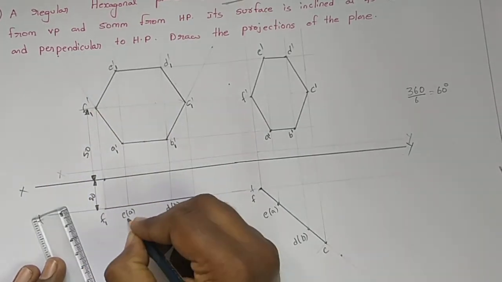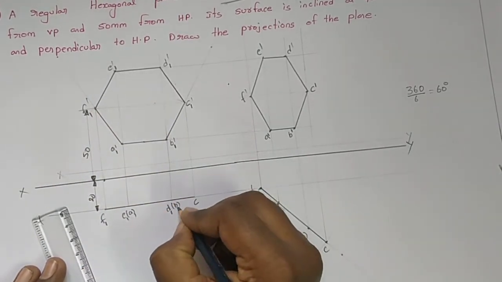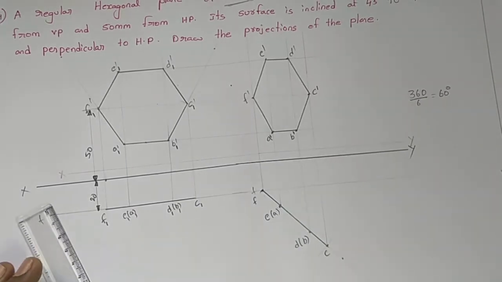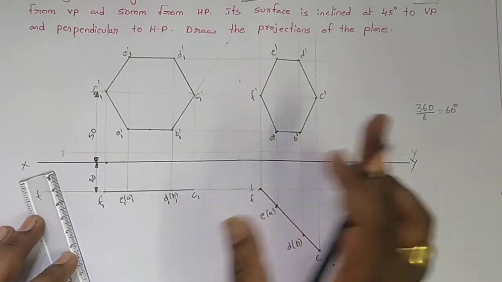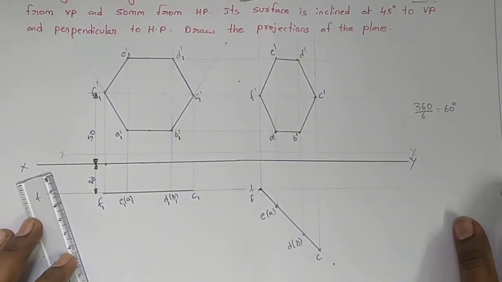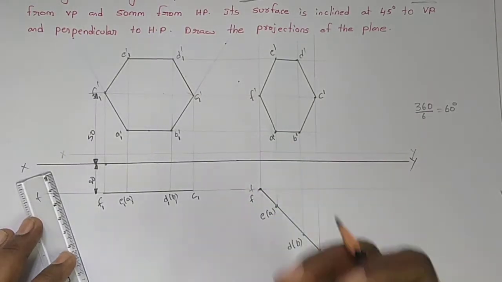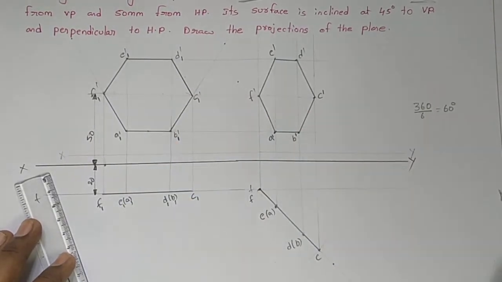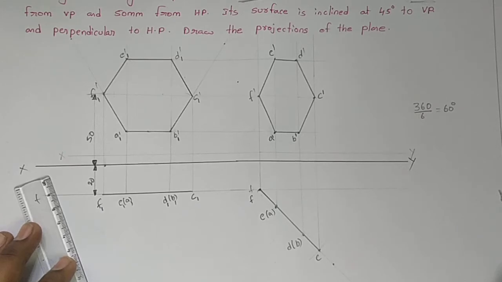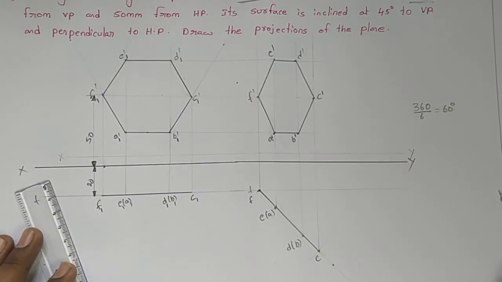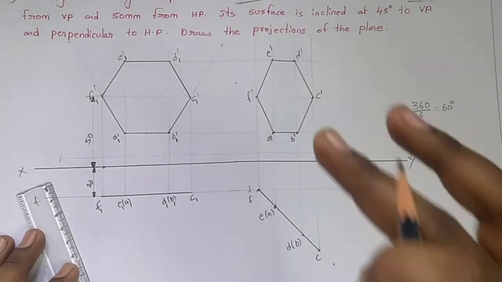Similarly, F1, E1 of A1 and D1 of B1 and C1. Okay, now we need to give the different notations, so I take suffix 1 for initial position. Okay, it is the final front view and top view.